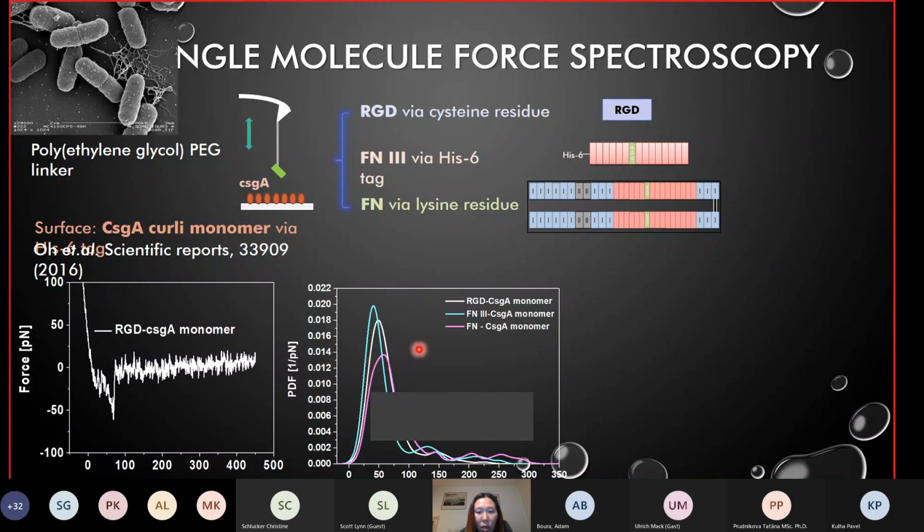And as we can see, all 3 fragments show a similar force regime, about 50 piconewton, which means in the fibronectin part, the RGD peptide is the main part of the interaction, even though it's really very small in this long, dimeric extracellular matrix protein.